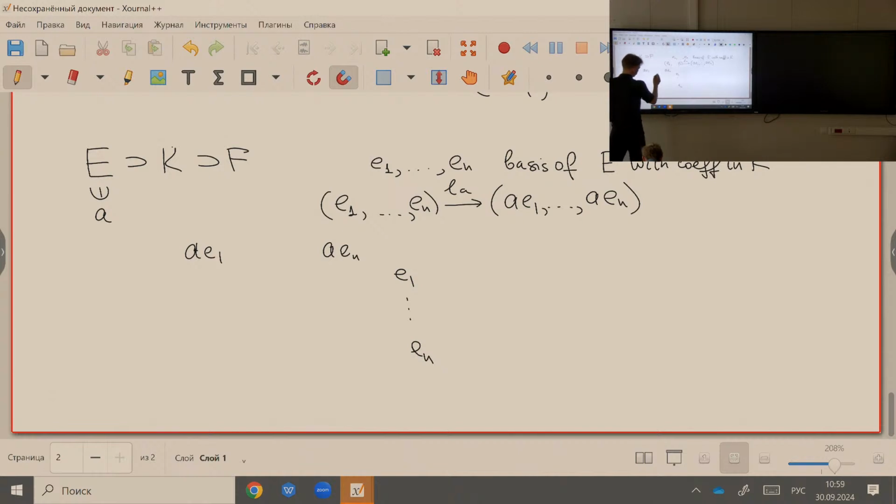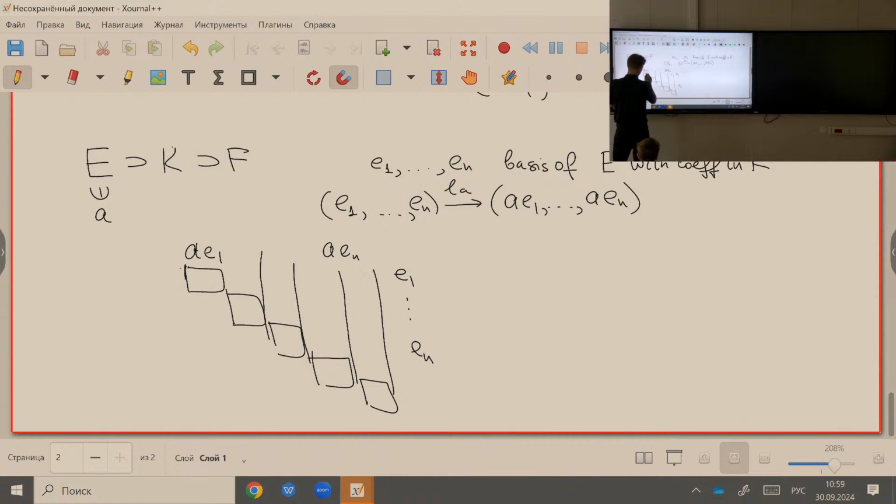But yeah, so we are writing these vectors, and here you get the matrix of the linear operator.